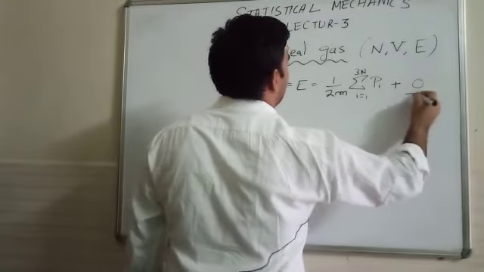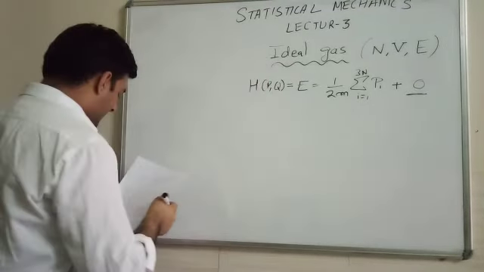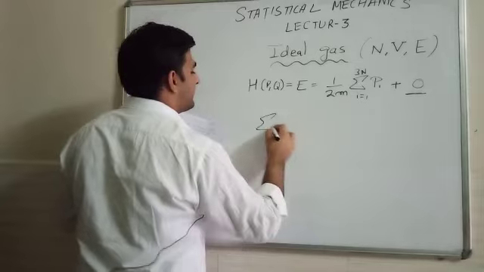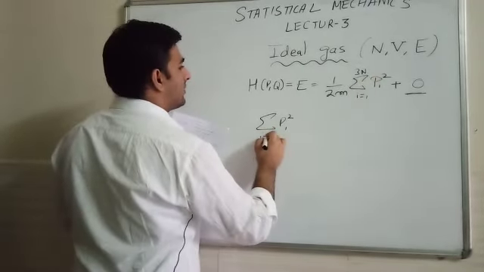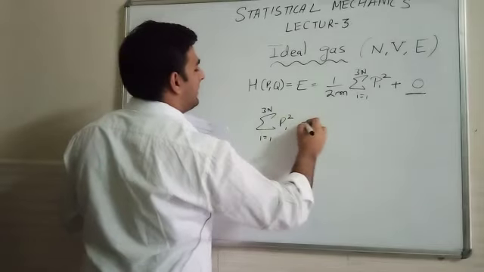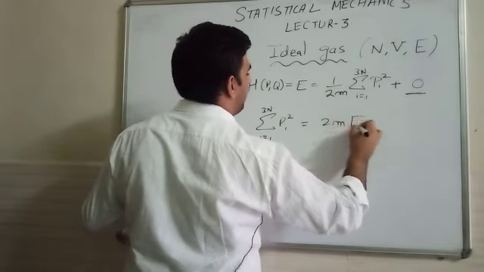So I can write this as the sum of p_i squared, i from 1 to 3N, equal to 2mE.